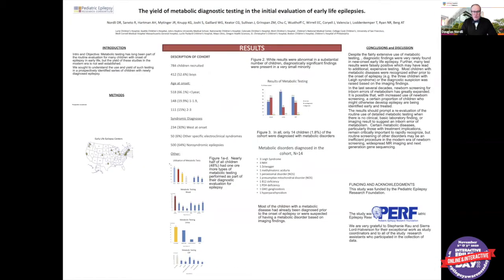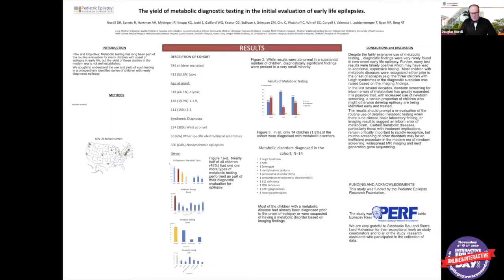Well, it turns out Dr. Berg, a colleague of mine, asked me to review a large data set from the Pediatric Epilepsy Research Consortium. And Dr. Berg was interested to know what's more useful, metabolic tests or genetic tests? And the answer was genetic testing, far and away.